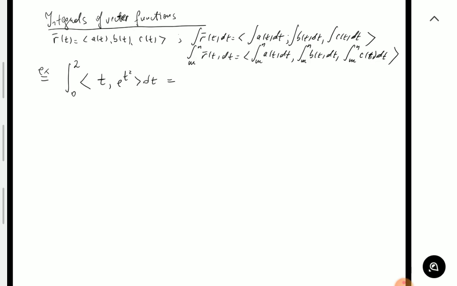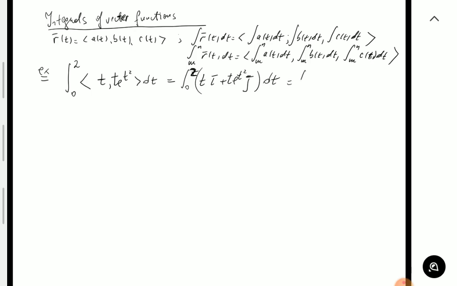But another way to denote this is via the standard basis, like t i plus, not e to the t squared, here I meant t e to the t squared, the second component, times j. You can write the same thing via standard basis.